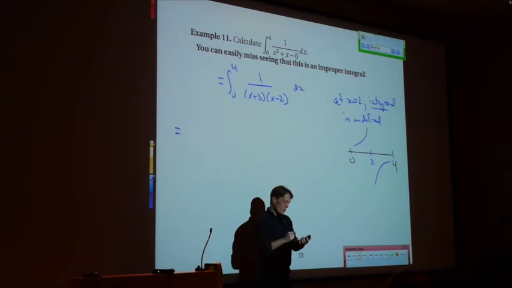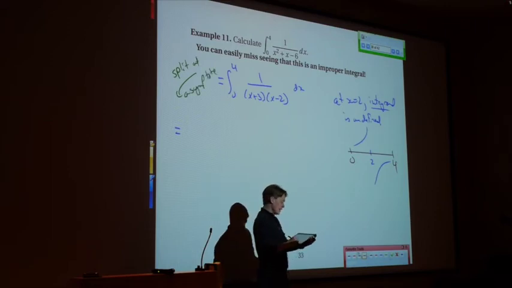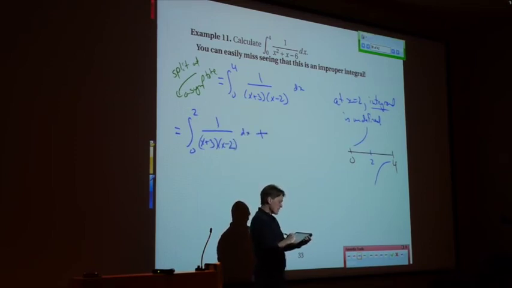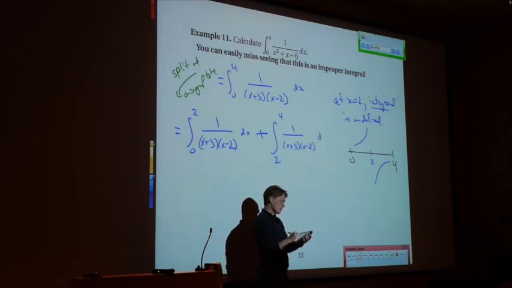If we have two infinities, we should split it into two pieces, and look at each piece separately. So, we're going to have to split this at the asymptote. That'll be the integral from 0 to 2 of 1 over x plus 3, x minus 2 dx, plus the integral from 2 to 4, sorry, the same thing, dx.